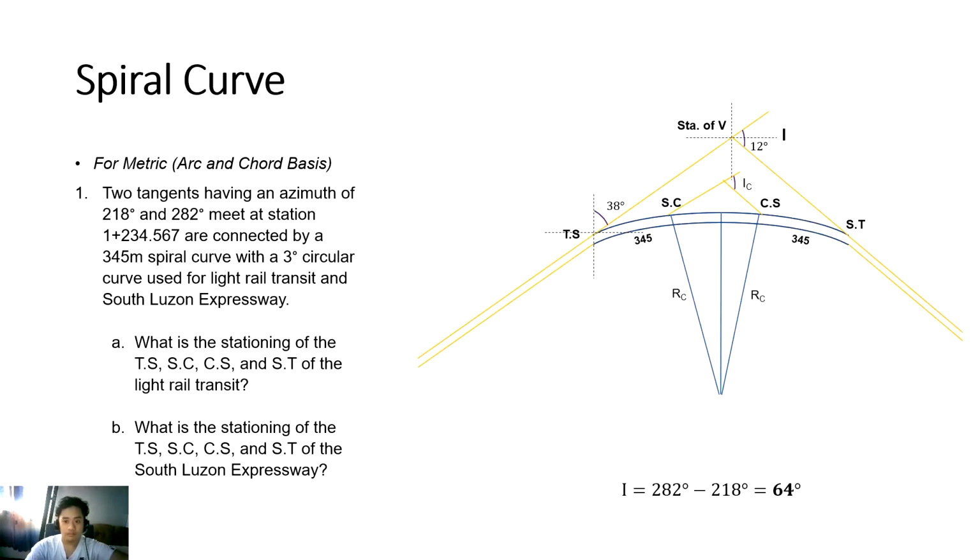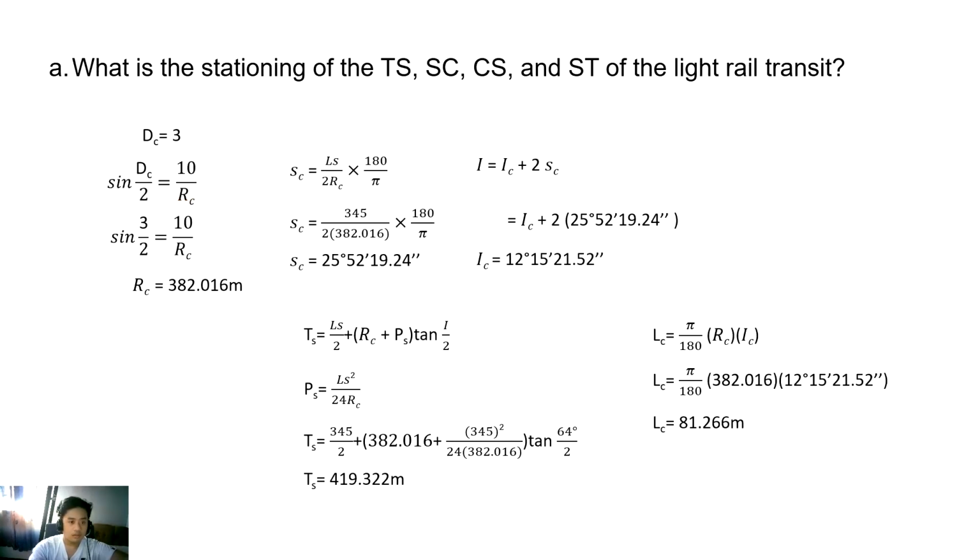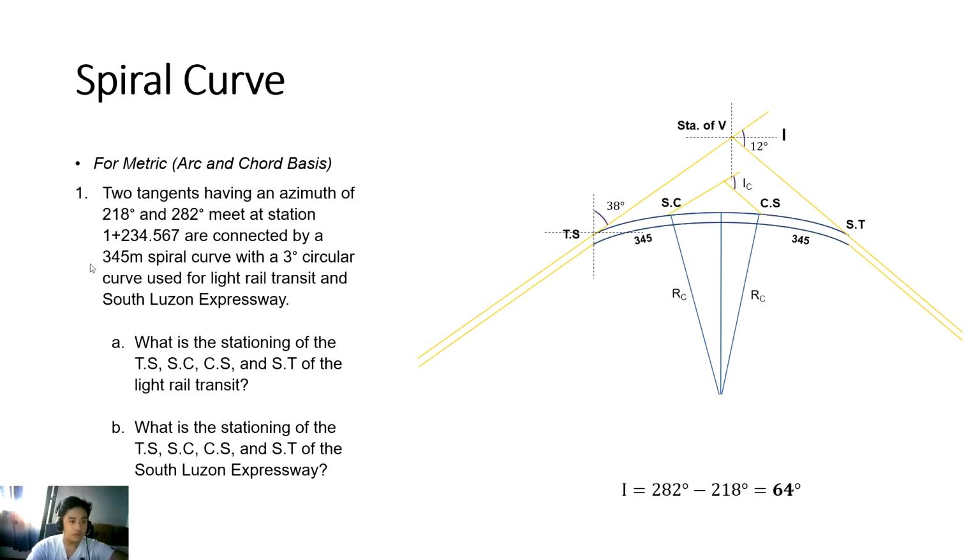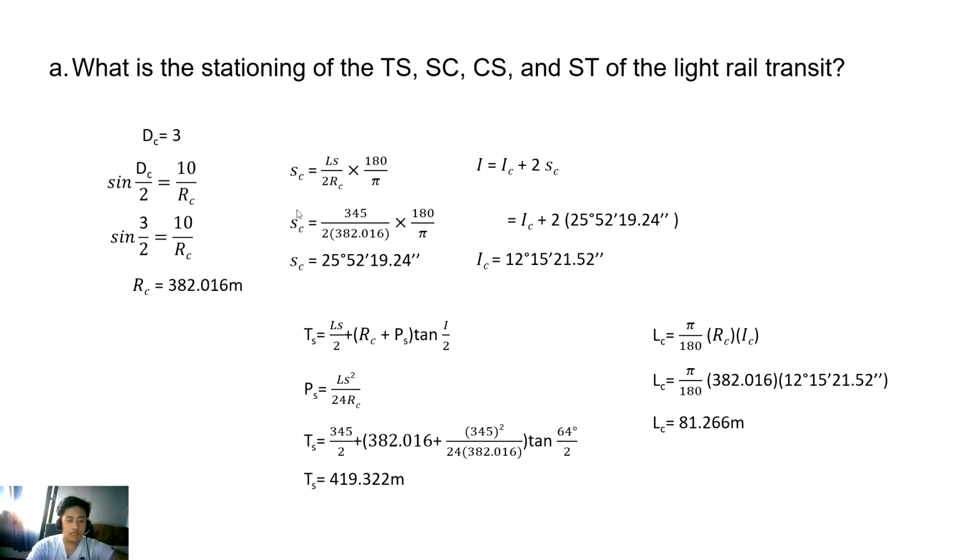So Ls is 345 over 2 times Rc, which is 382.016, times 180 over pi. We get the spiral angle at SC as 25 degrees, 52 minutes, and 19.24 seconds.